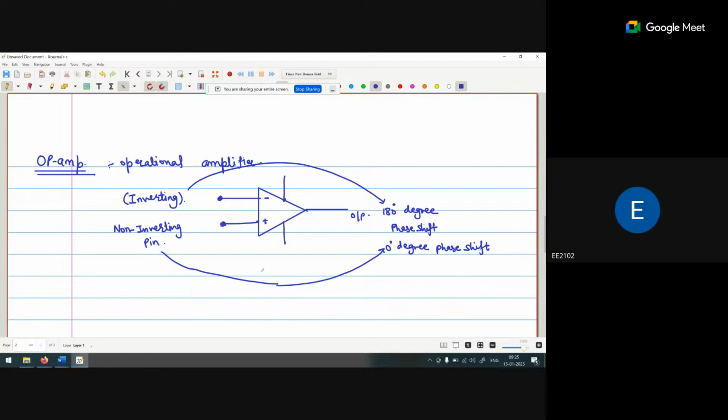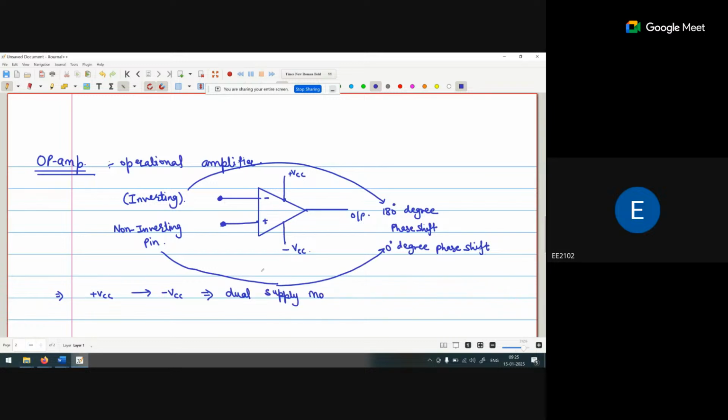Now, for the operation of this operational amplifier, we require either two supplies or a single supply. If I connect a plus VCC and minus VCC, it is called the dual supply mode.